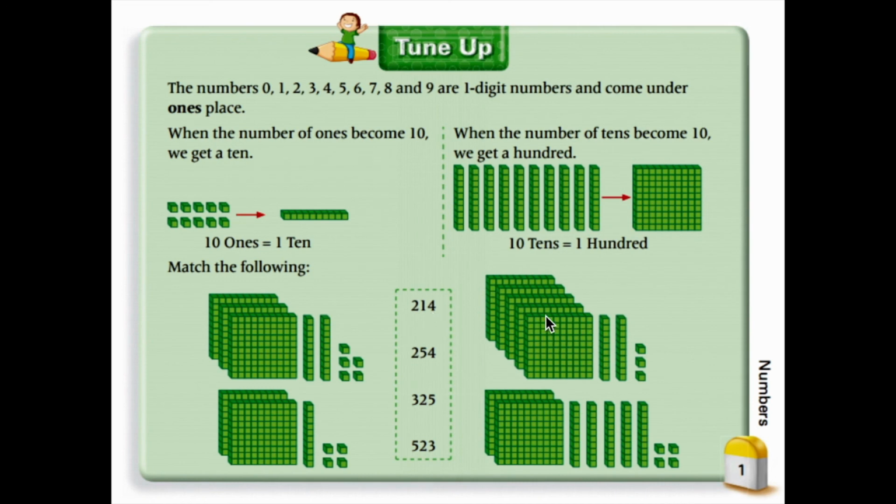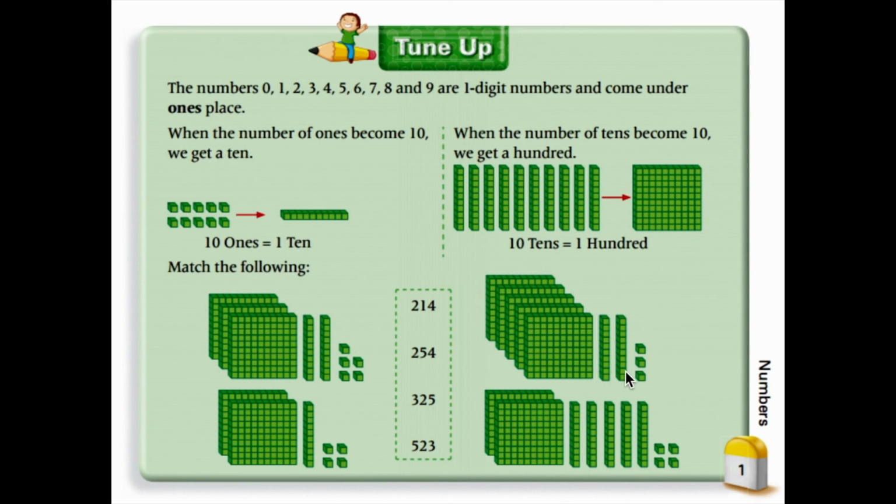Now over here let us count the number of hundreds. So 1, 2, 3, 4 and 5. So we have 5 hundreds, and over here this is the only number which has digit 5 in the hundreds place. And now let us look at the number of tens.